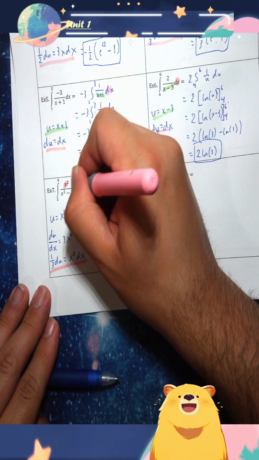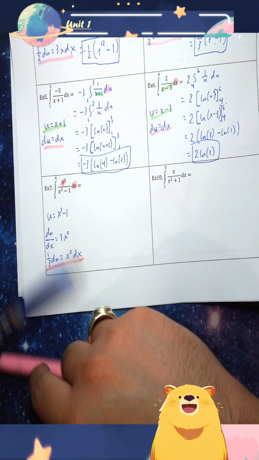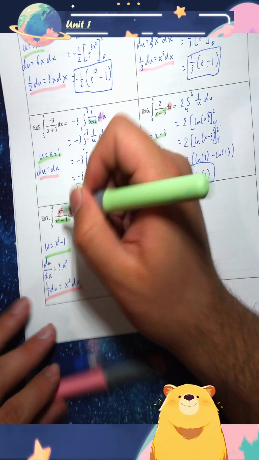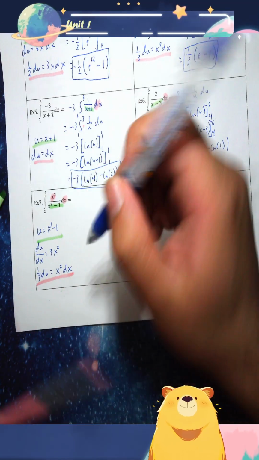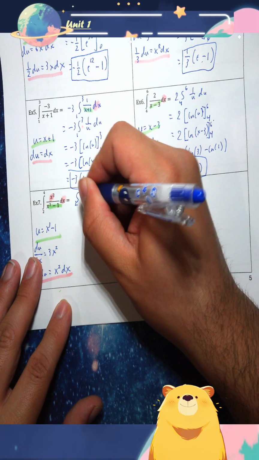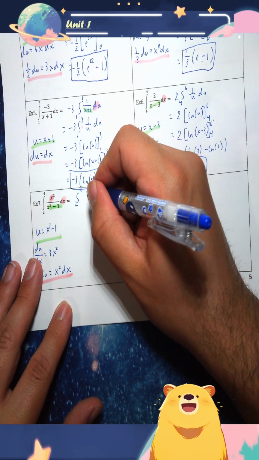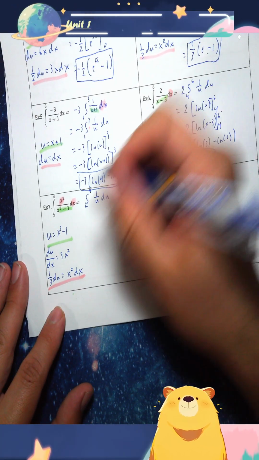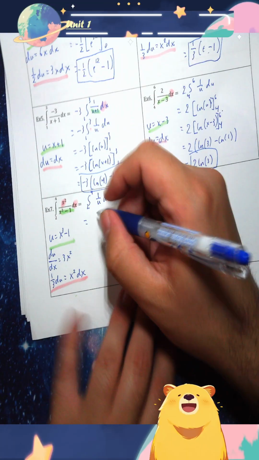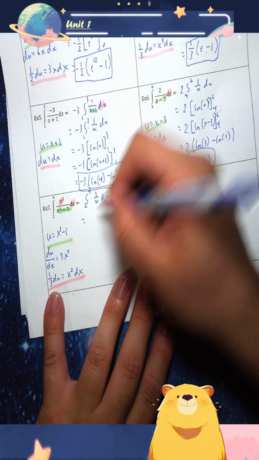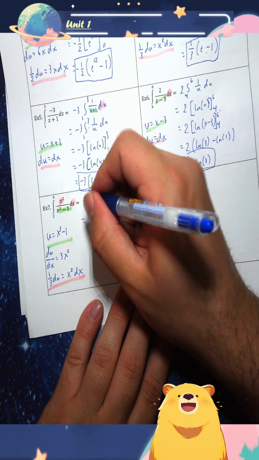So I'm going to take that x squared and that dx, and I'll replace it with 1 over 3 du. And I'm going to take this to be u, so 1 over u du. And then from here, I'm going to go ahead and, oh, I forgot the 1 over 3.